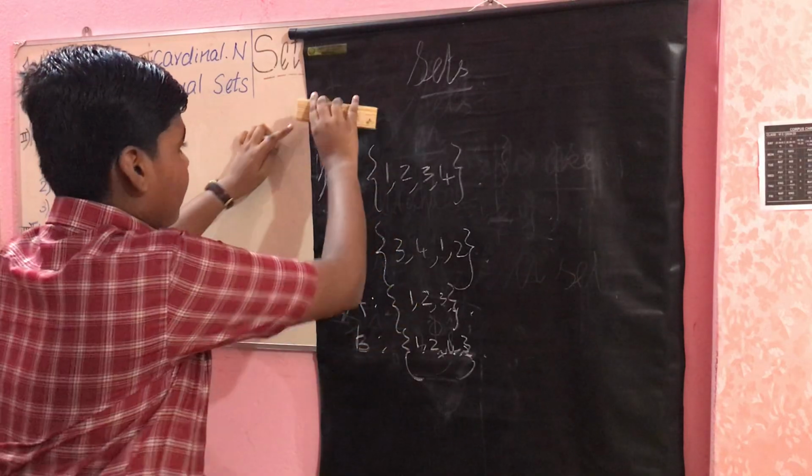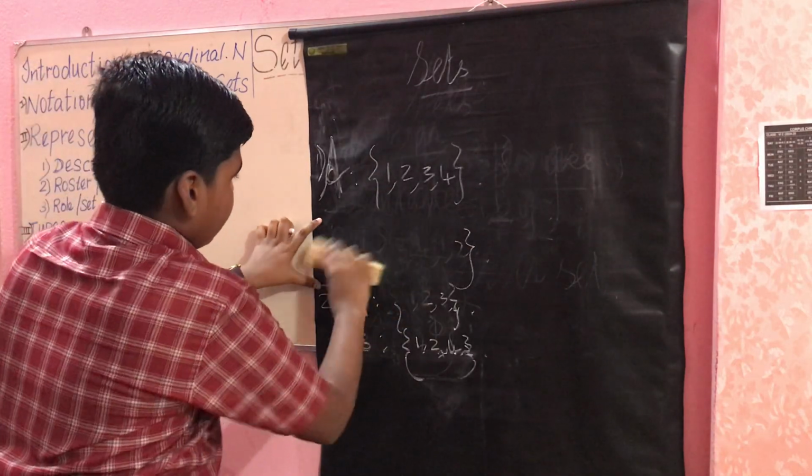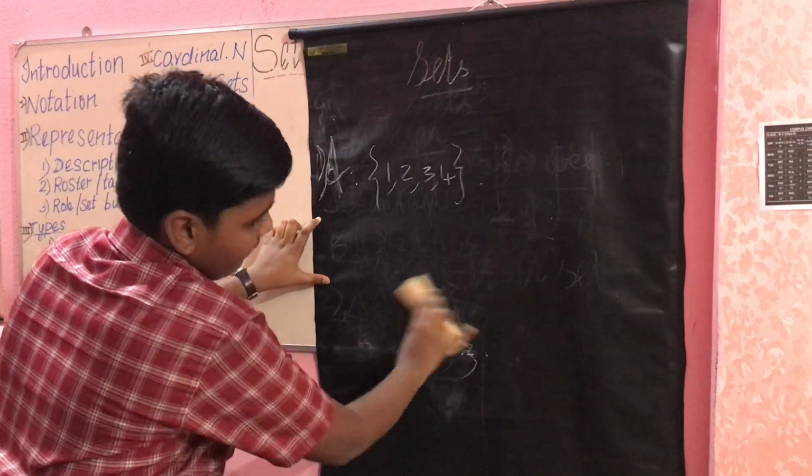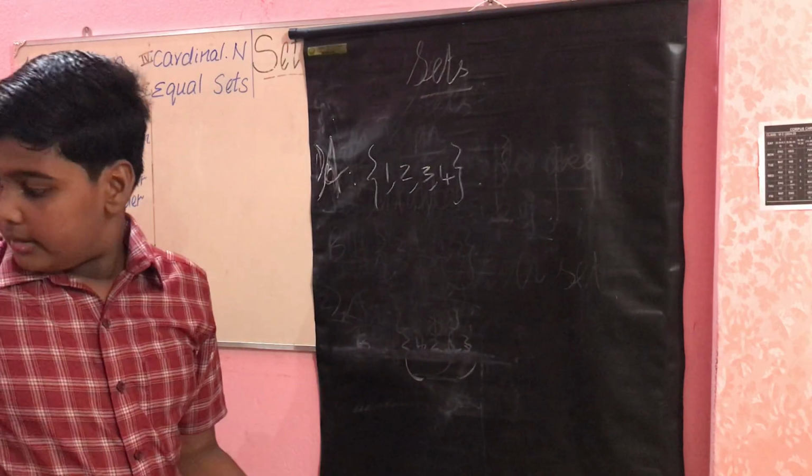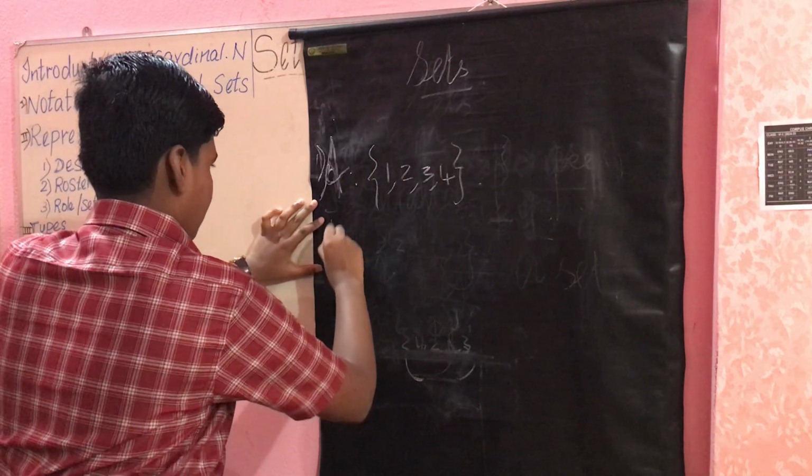So these are the types of sets. Now we can learn the cardinal number. I'll write one more sum.